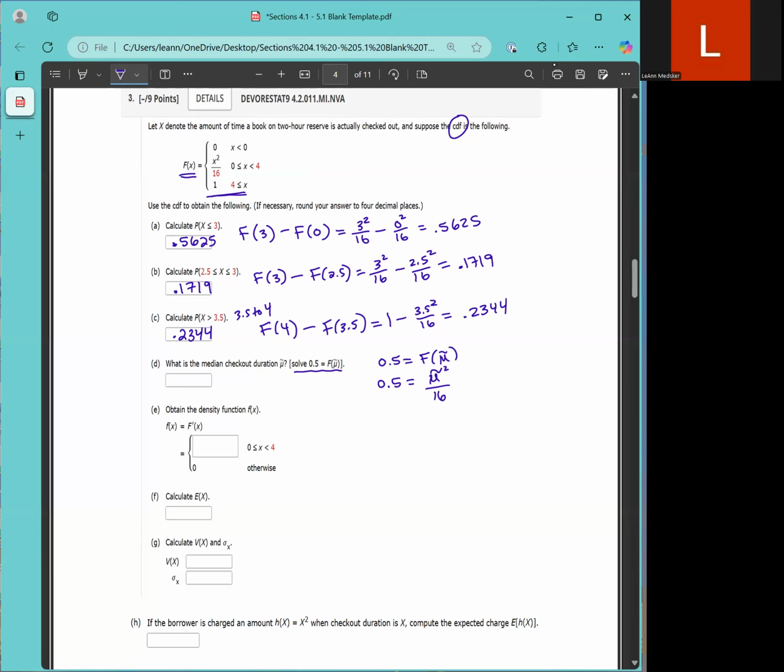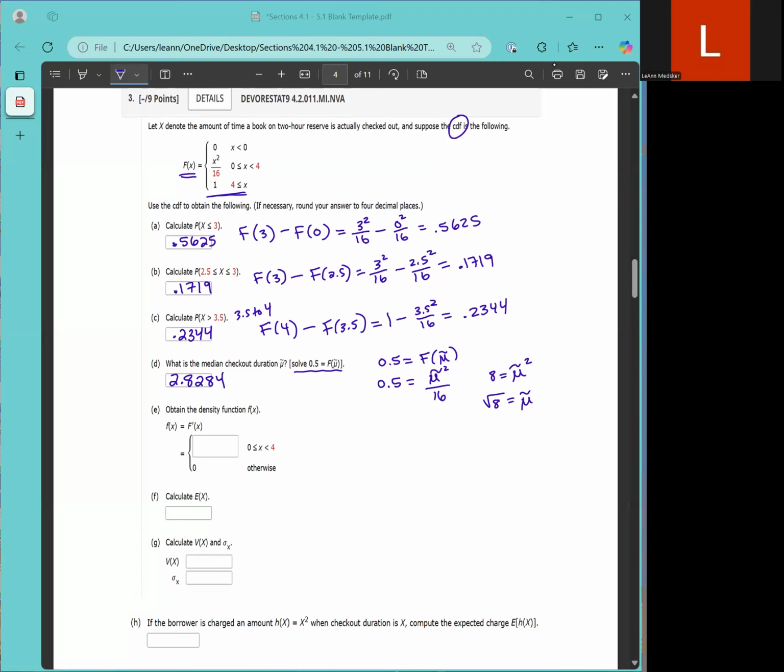We'll multiply both sides by 16, so that's going to be 8 equals mu tilde squared. And then we take a square root to get mu tilde. When you work that out on your calculator, you're going to get 2.8284. That is the median checkout duration.